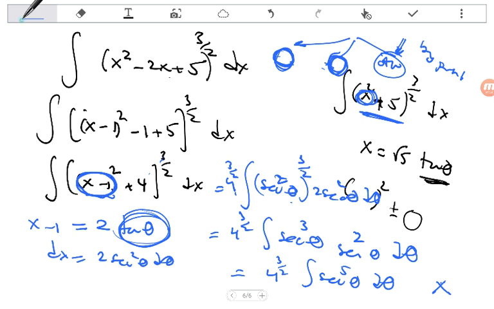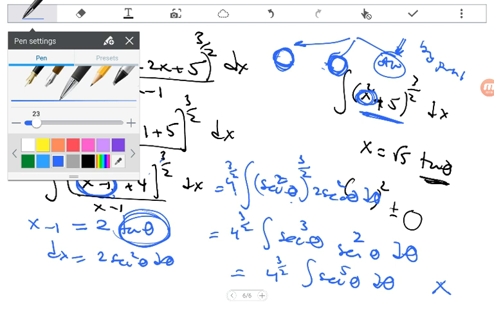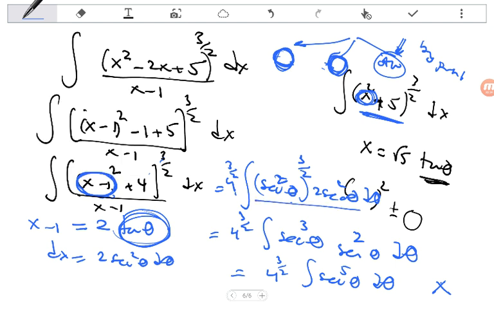Or we can make the integral as x minus 1 divided by x minus 1. So it will be here 2 tan theta.